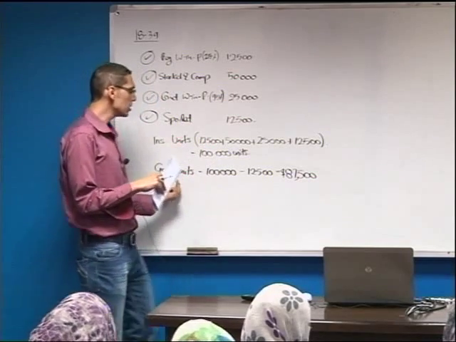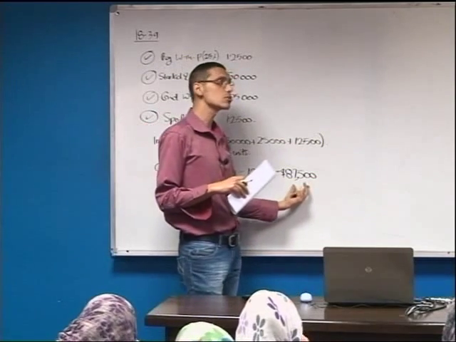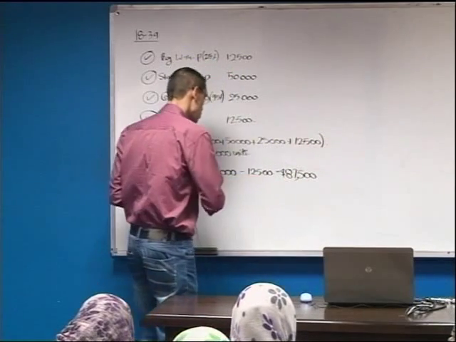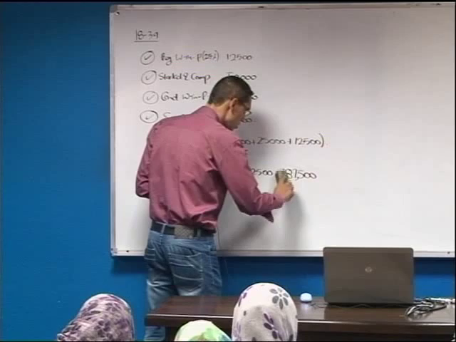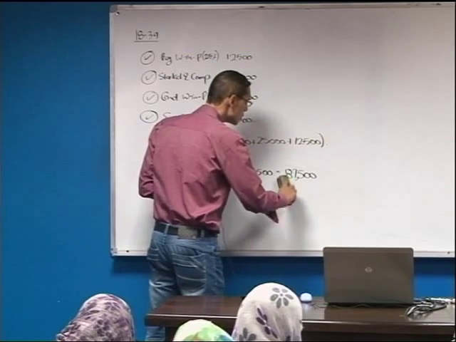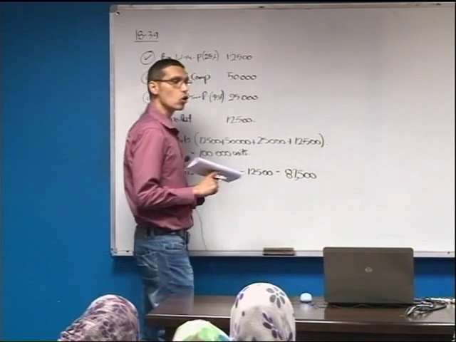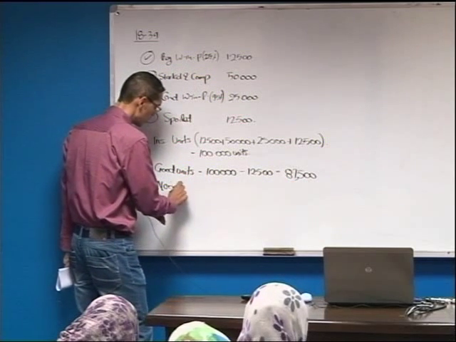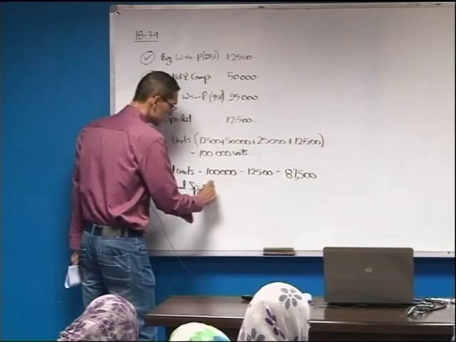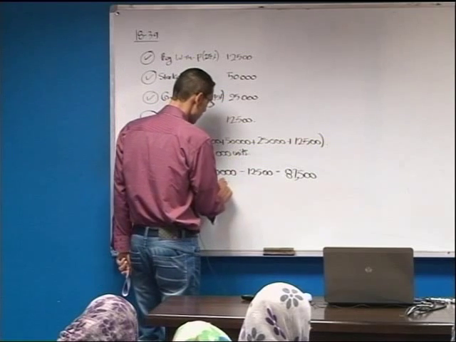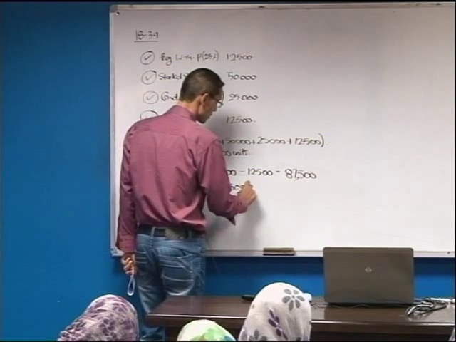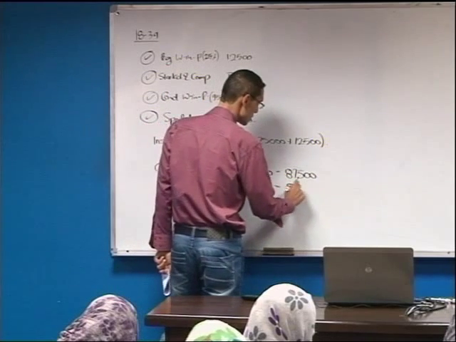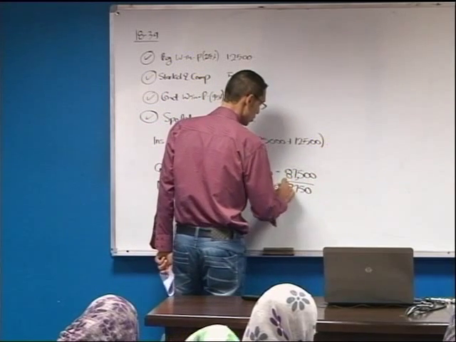Therefore, if we have good units by the amount of 87,500, therefore 10% of the 87,500 units, not dollars, I'm sorry, would be the normal spoilage, correct? Therefore, normal spoilage would be the 87,500 multiplied by 10%, which would equal 8,750 units.